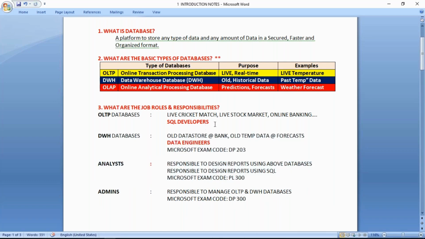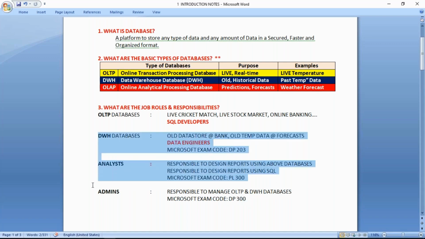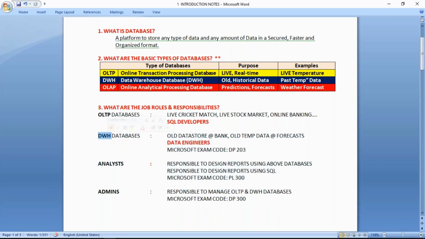OLTP database design is slowly getting automated. Traditional technology, admins slowly getting automated. Microsoft removed the non-cloud admin certification 2 years back. This is cloud certification. These two items are always in demand. Without data warehouse, no analysis.